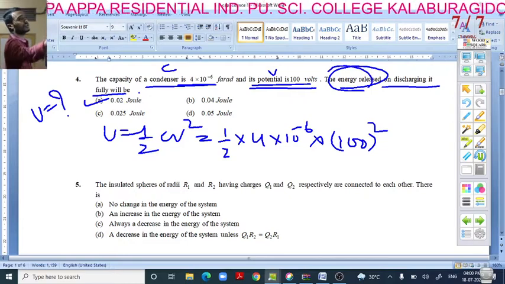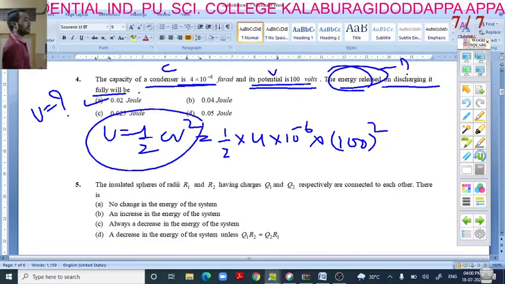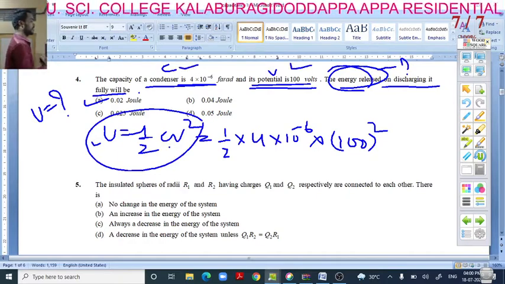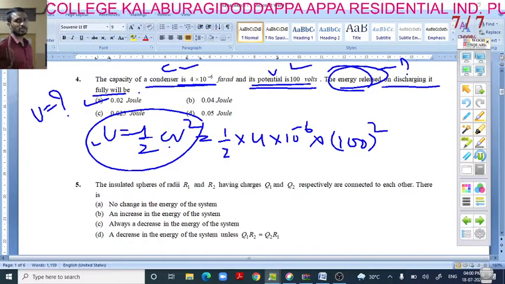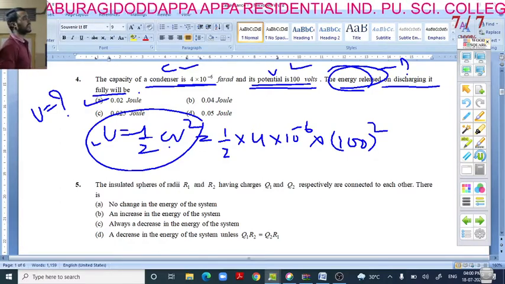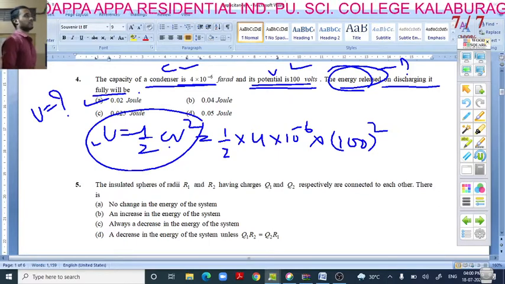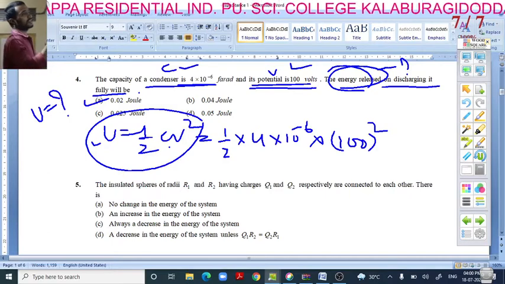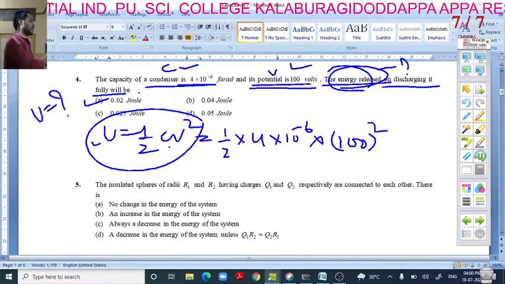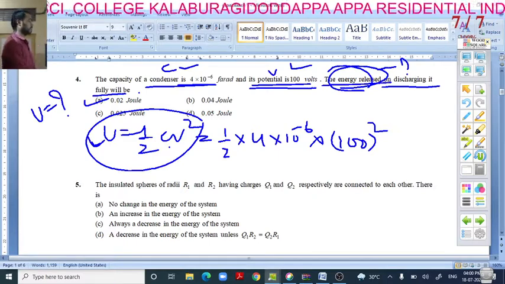Energy is the question, so this is the formula involving C, V and energy. What he has given and what he is asking to find, those quantities should be present in one equation. Such an equation you can choose, or else directly this is a direct question. It is energy he is asking. There is only one formula to find the energy of the capacitor, right? Okay.